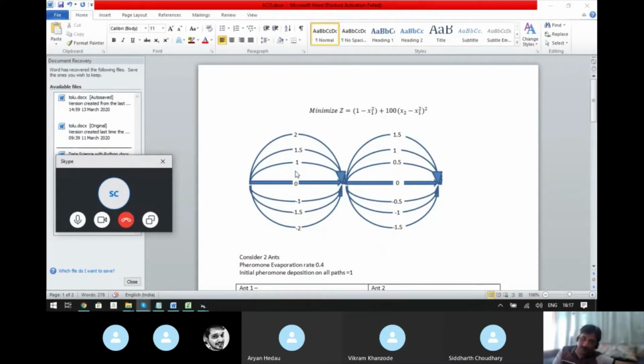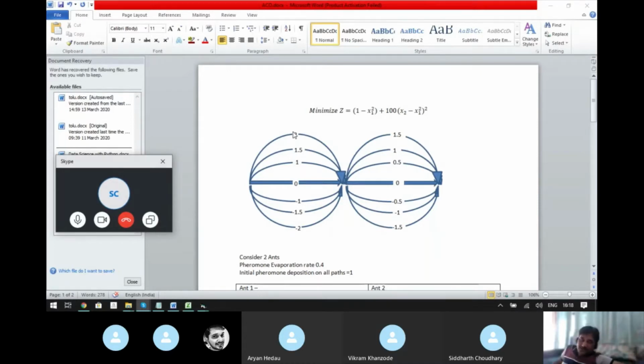Okay. And whatever range you have taken here, it is not mandatory that you will be taking the same range here. x2 might be ranging from minus 1.5 to 1.5 and x1 might be ranging from minus 2 to 2. You may have any number of paths. If your range is from minus 20 to 20, then you may have so many paths, might be 200, 400 paths you can take.